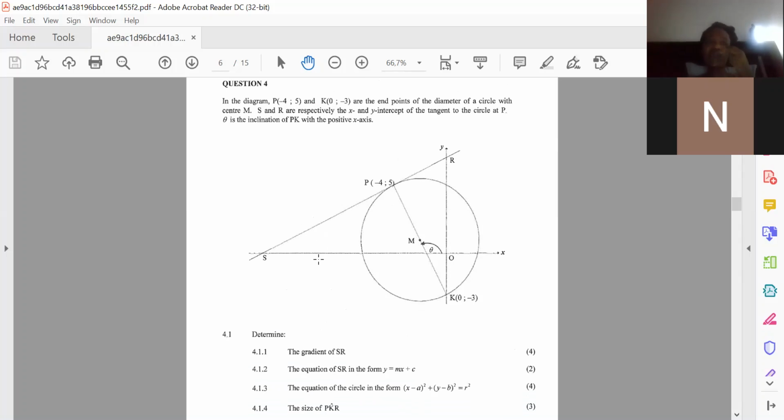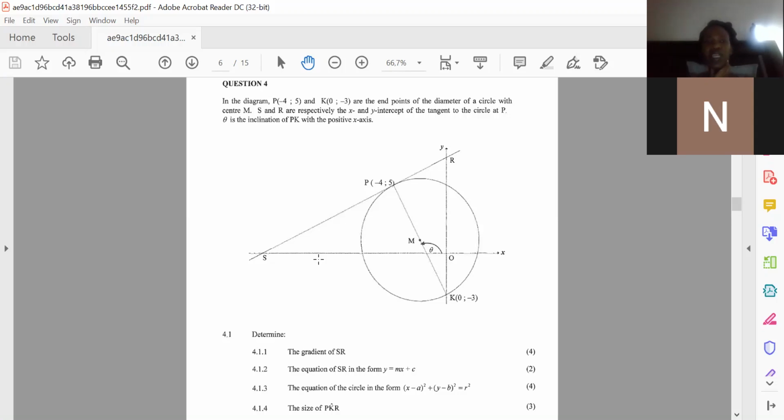In the given diagram, P, which has coordinates (-4, 5), and K, which is (0, -3), are the endpoints of the diameter of a circle with center M. Okay, so you can see that on the graph. Then S and R are respectively the x and y intercepts of a tangent.